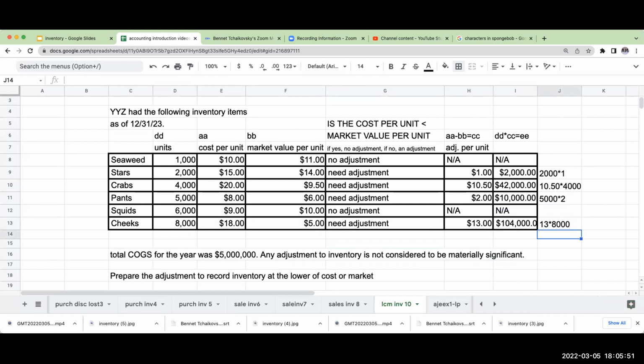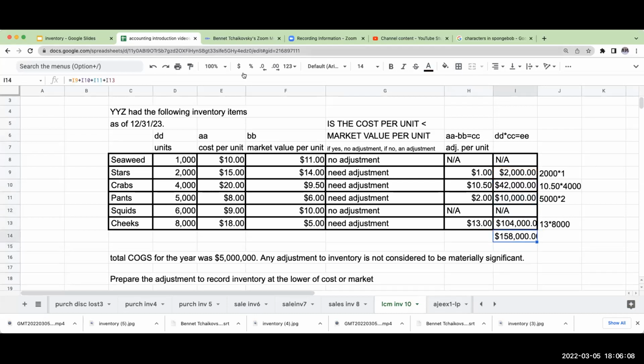So I've gone through over here. And again, where did I get the adjustment per unit? Look at the top formula: AA minus BB equals CC. Now I'm going to total up all of the items I need adjustments for, and this totals up to $158,000.